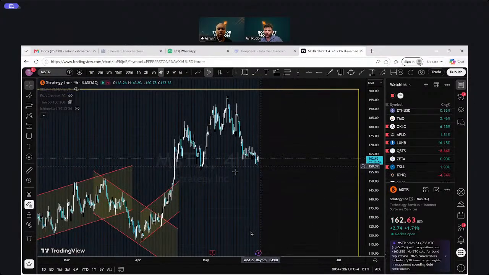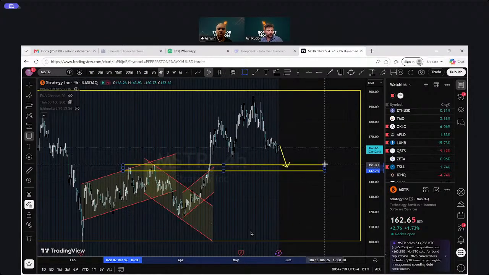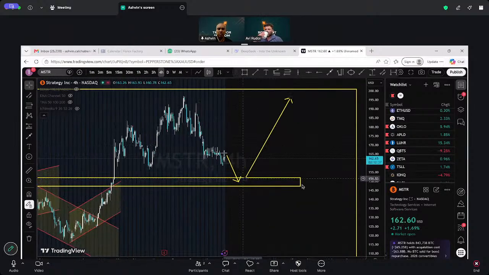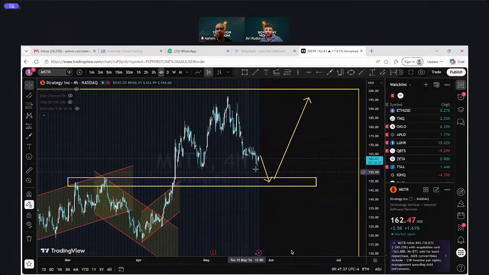This looks like a very weak support, which the price is trying to break below, and then probably find an area like this, a resistance becoming support, before starting to head back up, because many people are buying using this as a stop loss below. So what would most likely be the case is the price will come down, the stop losses will be taken out, it finds the resistance, becomes support, and starts to push back up. So I think for Master Strategy, you've got to wait for a while.